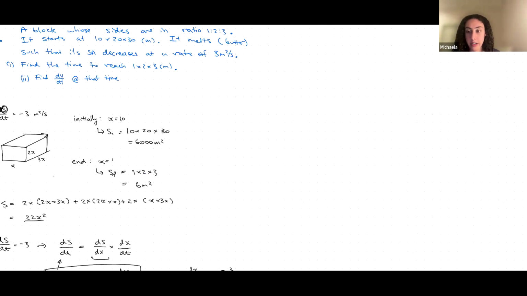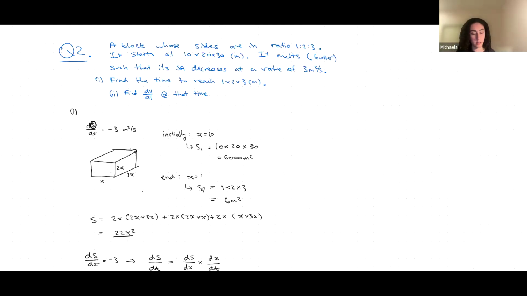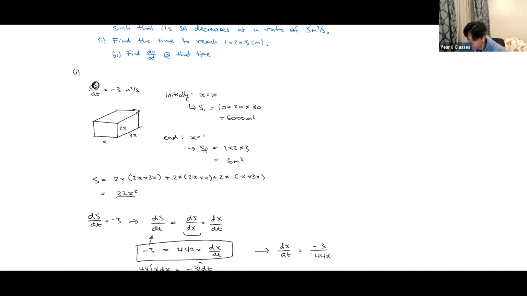Is that okay? If we got the same answer, then yeah, it should be. Usually there's more than one way of doing these types of questions.